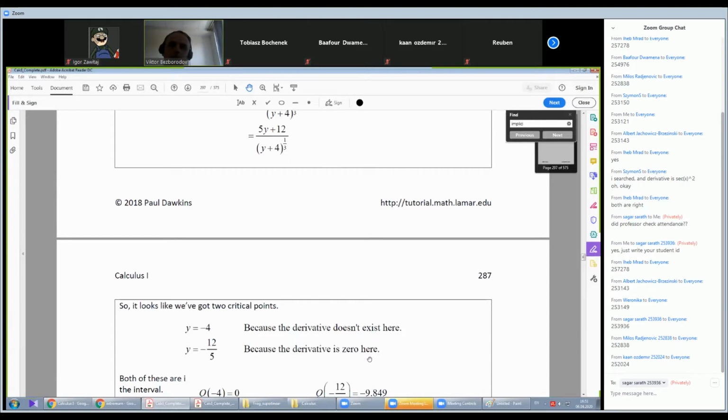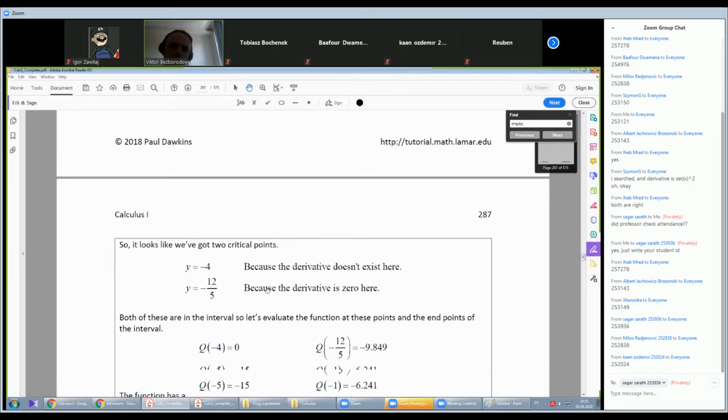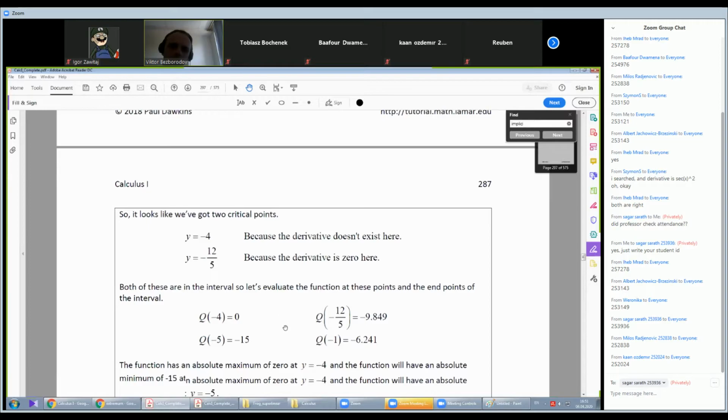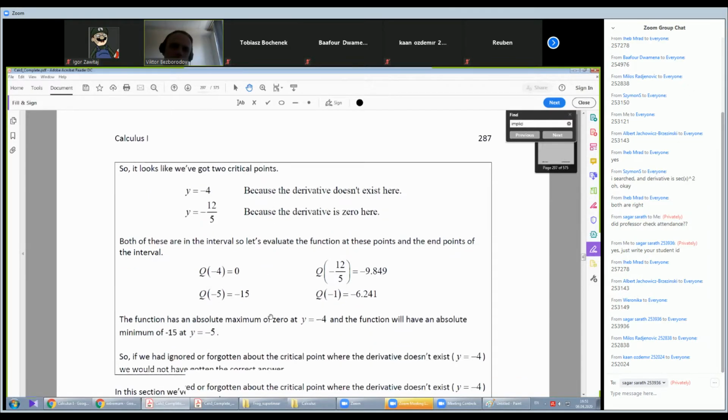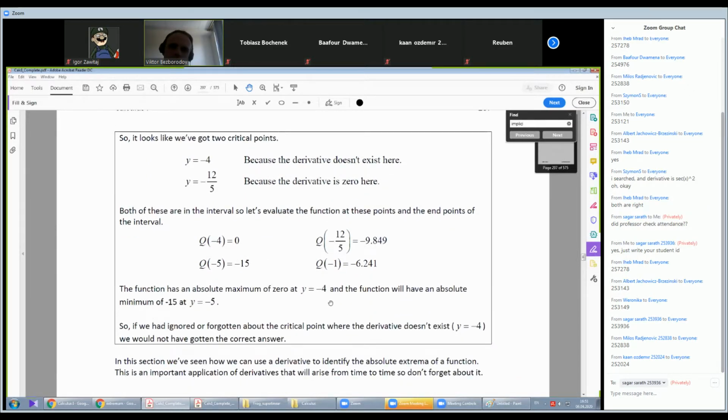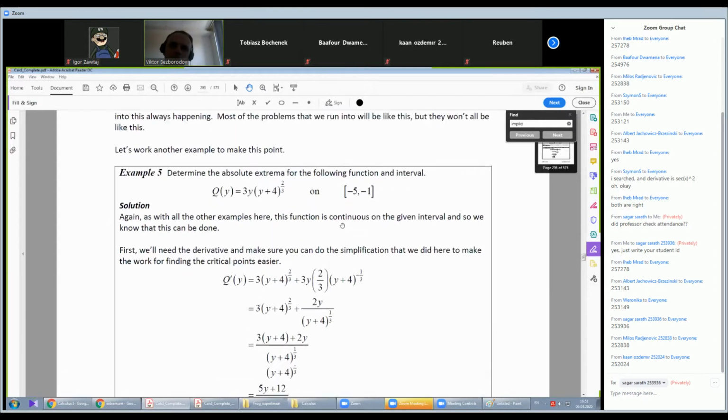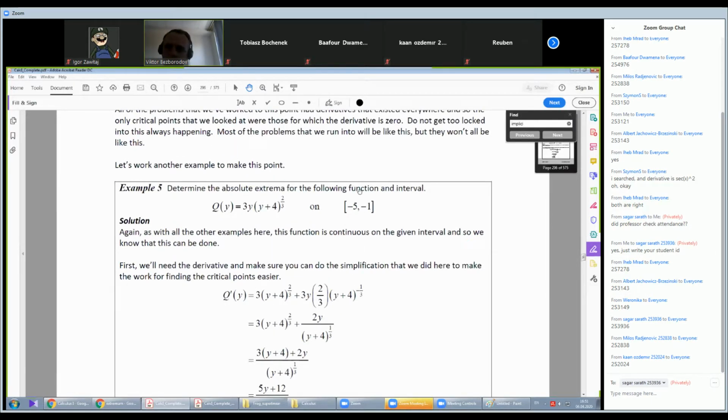Another is where the derivative does not exist because the denominator is 0. So you have two critical points, and then you have the boundaries of the interval.